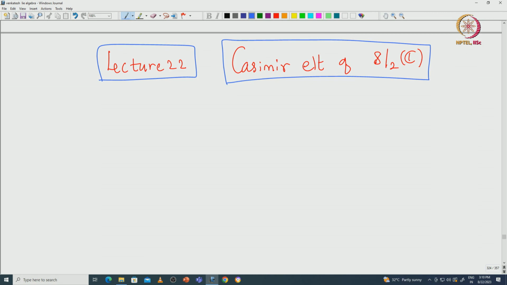Okay. So, we define this Casimir element of SL2C, which is actually defined for any representation of SL2C. Let us recall what it is.